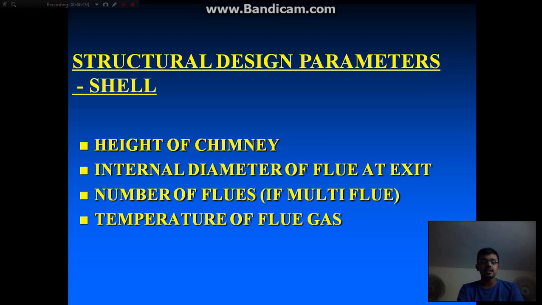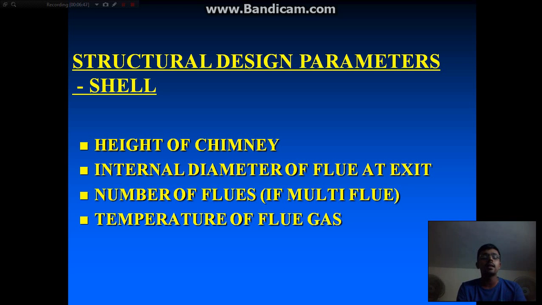Now, talking about the structural design parameters, the first, as we know, is the shell, which is an important design parameter for a steel chimney. The subclasses for this structural parameter are, first, the height of the chimney. It is very essential, because wind forces act on it, to decide the height of the chimney. The second is the internal diameter of the flue at the exit. The third is the number of flues.